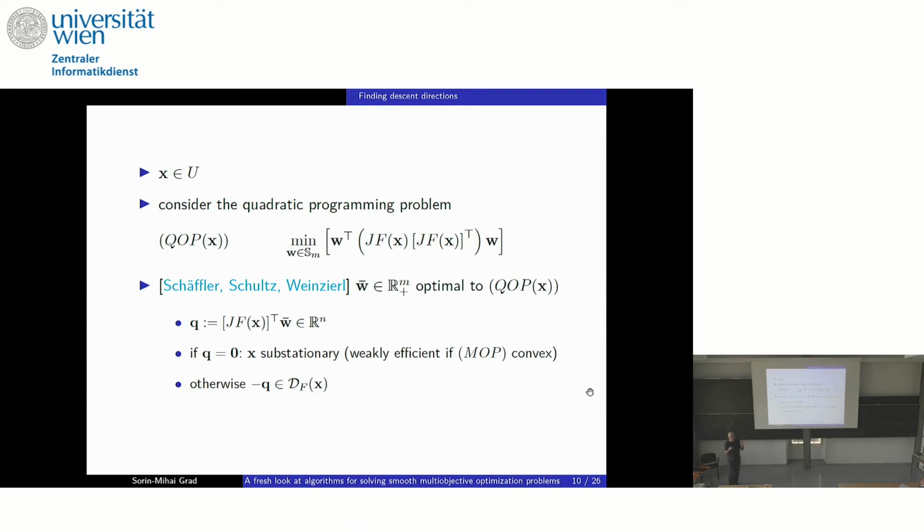So already simpler than min-max quadratic. By solving such a problem, you can get either a descent direction q, or q0 means you reach a substationary point. So this was an inspiration point.